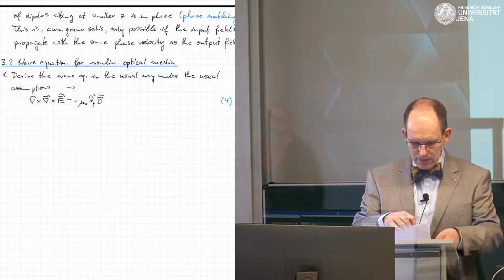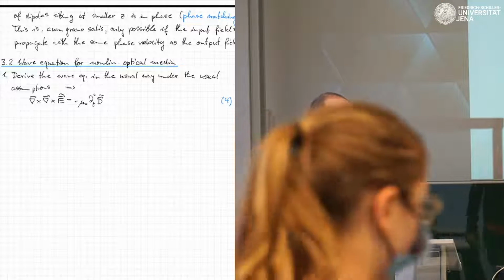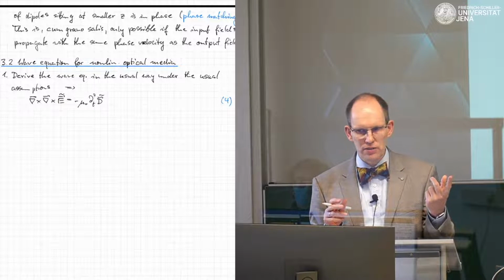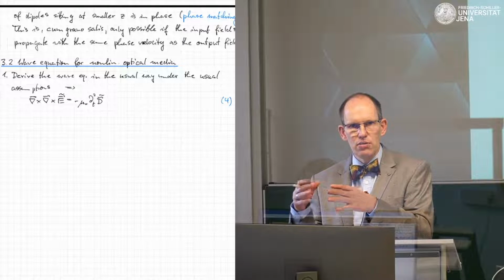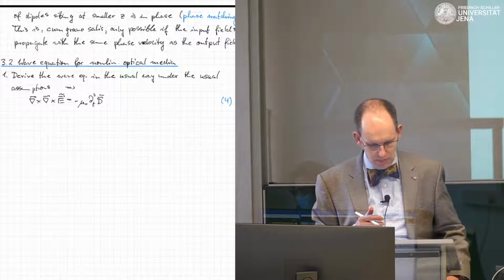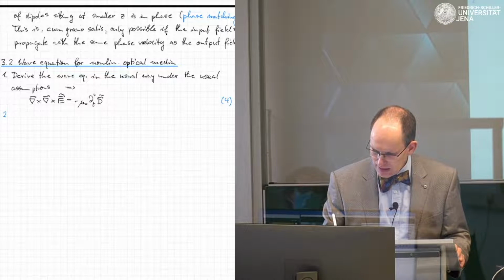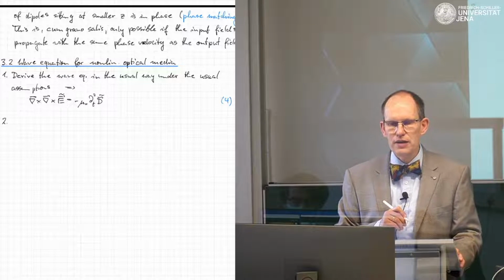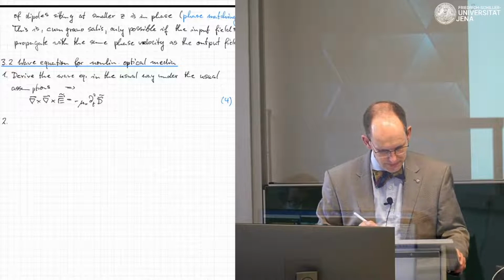The next thing would be, remember what we are after. So we are after an inhomogeneous wave equation. And we know that the inhomogeneity must have to do with the polarization. So what is natural to do, if you know that, is to write the D field as a sum of the electric field and the polarization, right?